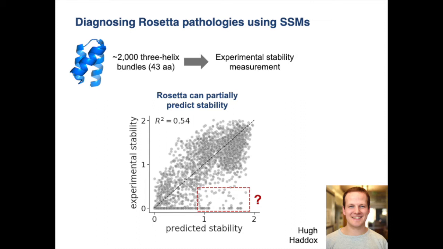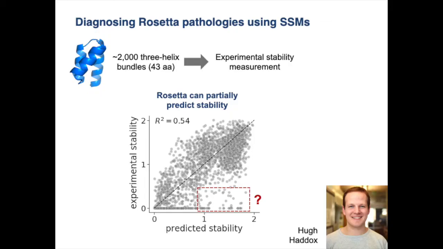And the best thing people came up with was this graph, where you can predict the stability of one of these small helical bundles, and you can measure its stability experimentally, and you see there's a correlation, right? And there are also outliers.